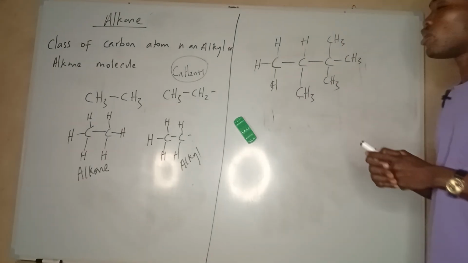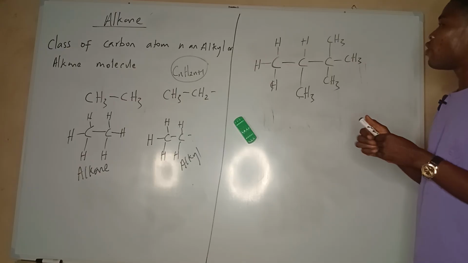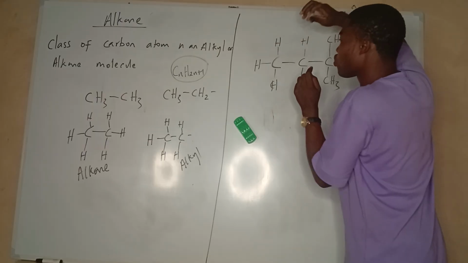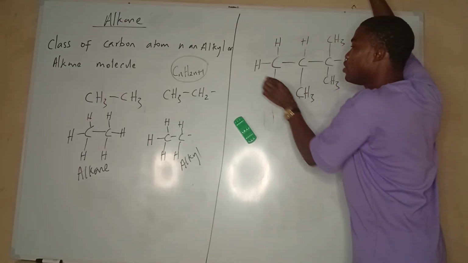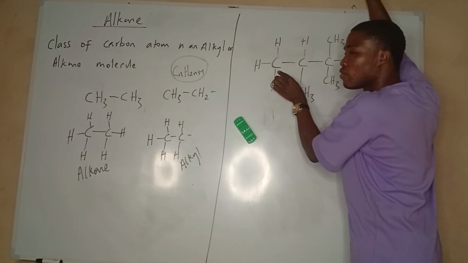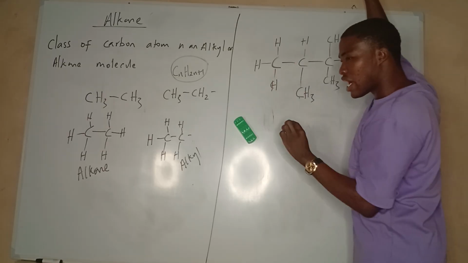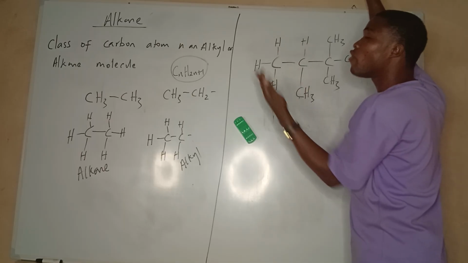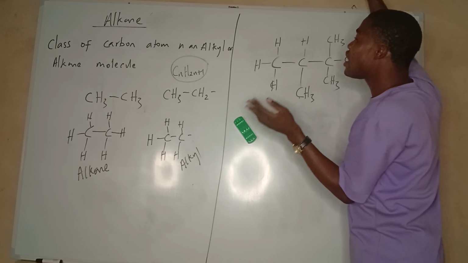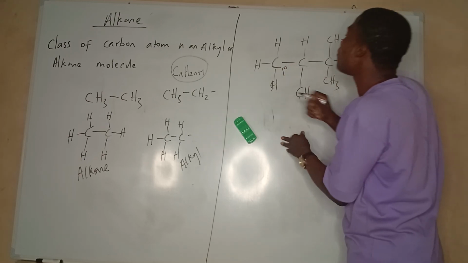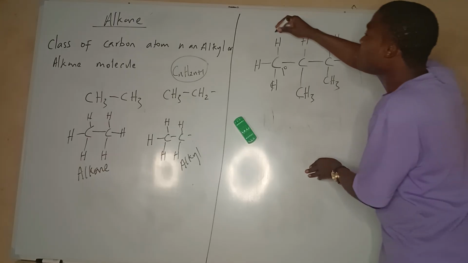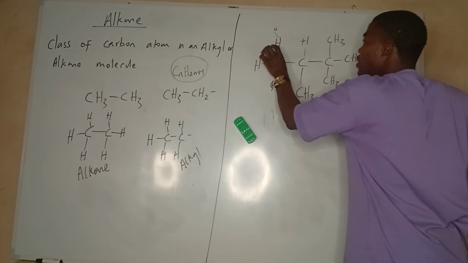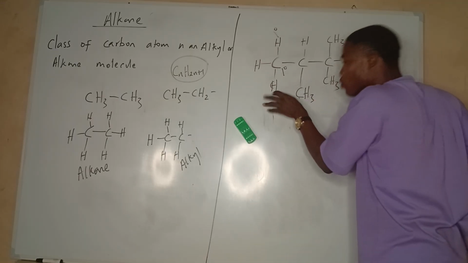Please watch. If you observe very well, this carbon has three hydrogens and has one carbon atom attached to it. When a carbon has one carbon atom attached to it, or it has three, or in some cases four, hydrogens, that carbon is referred to as a primary carbon. Therefore, the hydrogens are called primary hydrogens. So this is a primary hydrogen atom, this is a primary hydrogen atom, and this is a primary hydrogen atom.